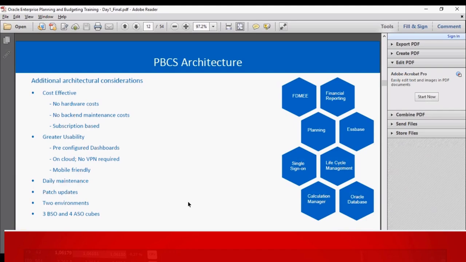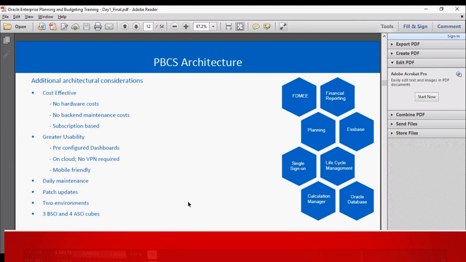Daily at a particular point, we can fix that time, Oracle takes the backup and keeps it on the Oracle end. That particular day's backup can be accessed by us in the environment, but if you want backups from 2 or 3 days ago, we can contact Oracle, raise the request, and they will provide the backup for us.